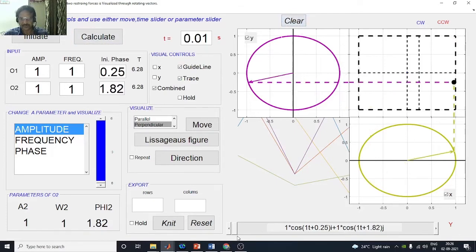First let us go to t equal to 0. The first oscillator is at the same position, second oscillator the angle has changed, the initial phase, and now let us look at what happens. So there are two color schemes now. One color scheme is to distinguish one oscillator from the other, and the second is to distinguish whether the motion of the combined oscillator is clockwise or anti-clockwise, which is given in red and blue.